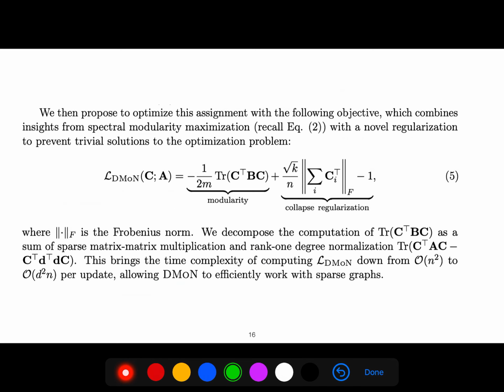And so we have modularity and the collapse regularization. It combines insights from spectral modularity maximization and a novel regularization. This is the regularization that prevents trivial solutions to the optimization.